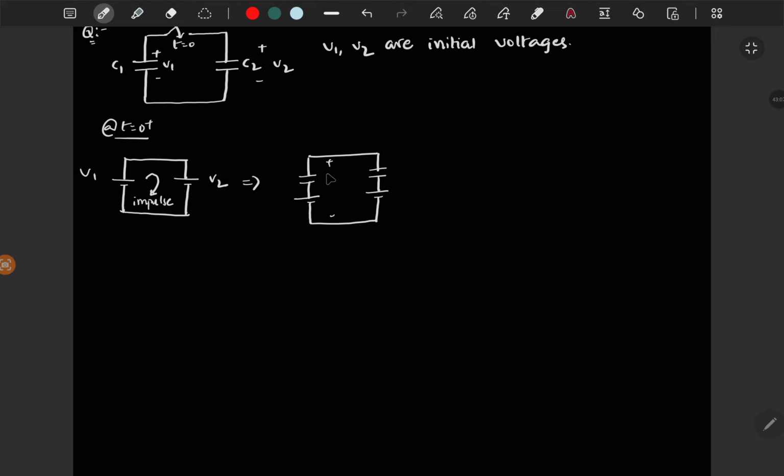So this is VC1 and this is VC2. So C1, C2, V1, V2. If you find the voltage across these terminals, you will get the initial voltages of VC1 and VC2 for t equal to 0 plus.